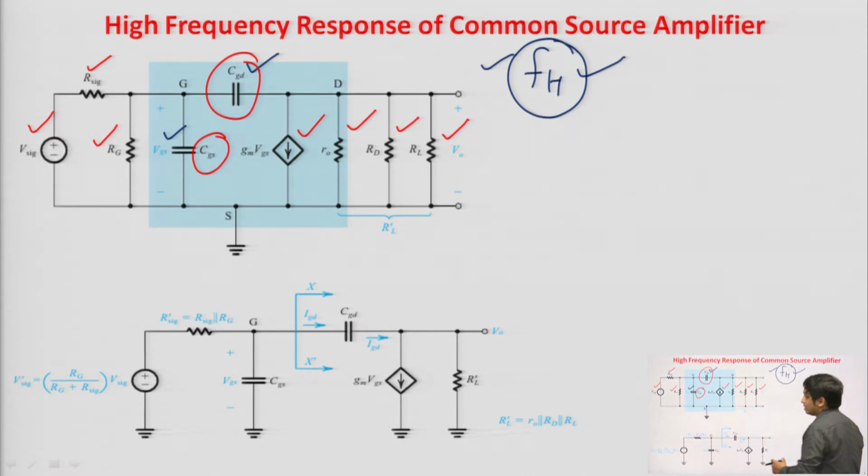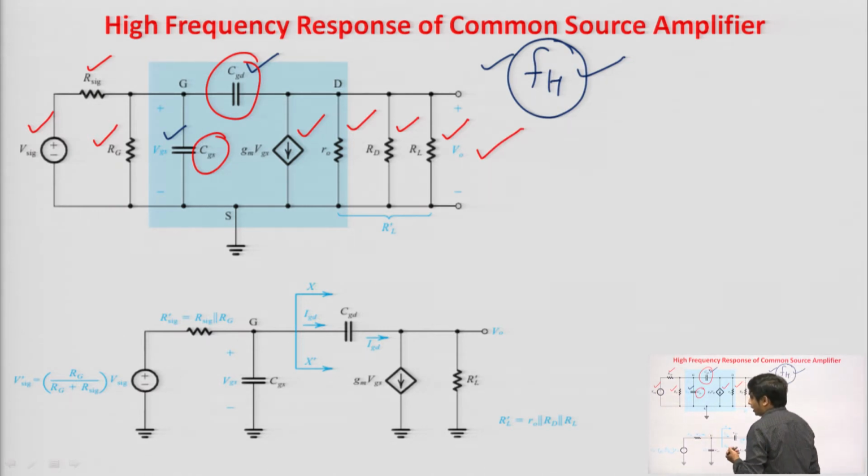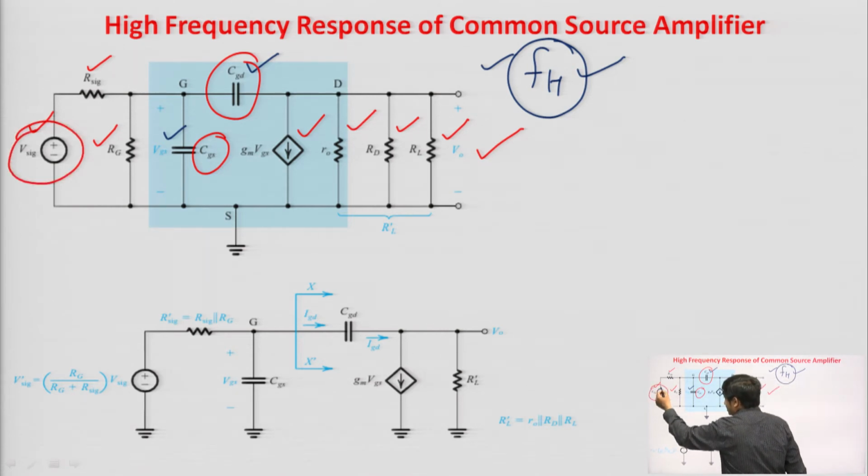Now, we can simplify this high frequency model just by using the Thevenin equivalent. In the Thevenin equivalent, if we remove Vsig, that is, short circuit Vsig, then Rsig and Rg will be in parallel.